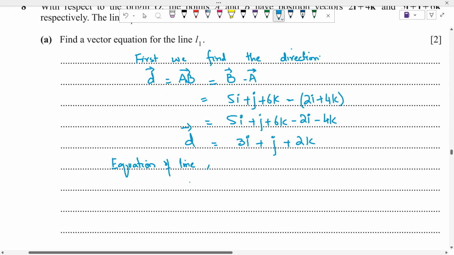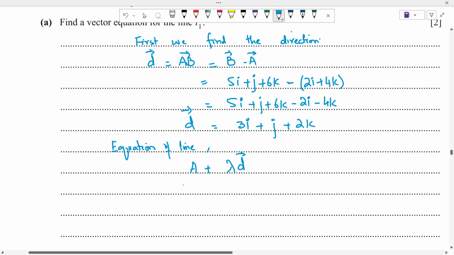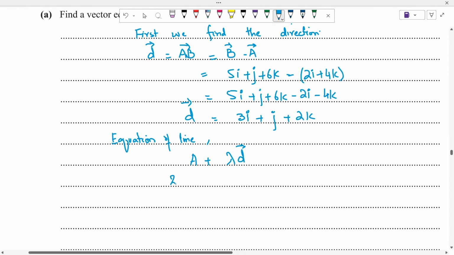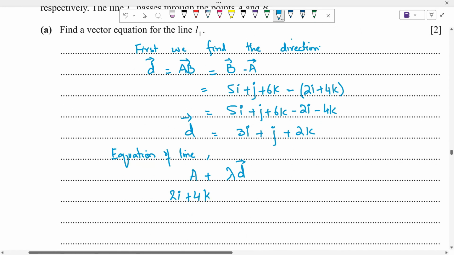And the equation of the line is point A plus lambda times d. In this case we have A, which is 2i plus 4k, plus lambda times d, which is the direction, 3i plus j plus 2k.